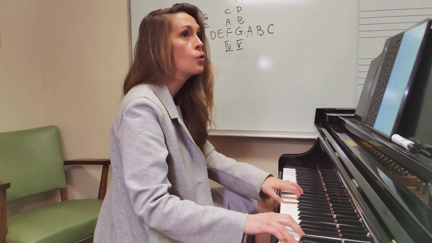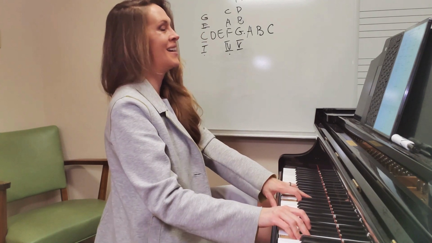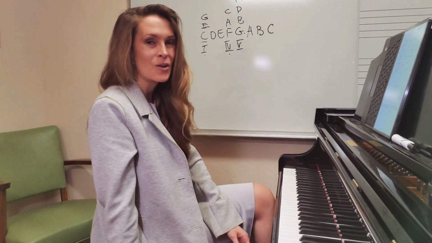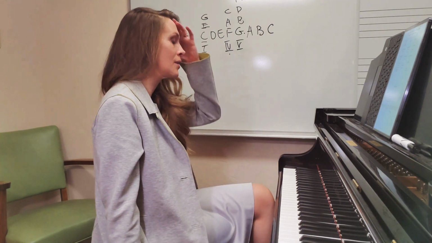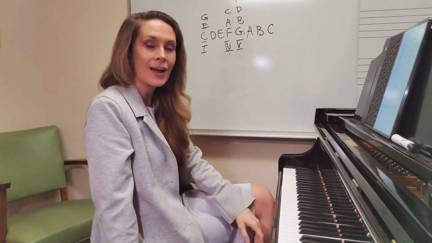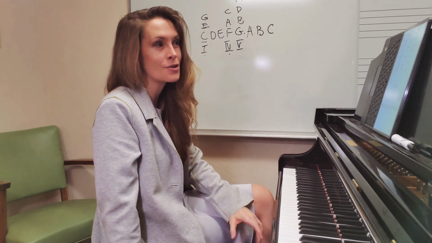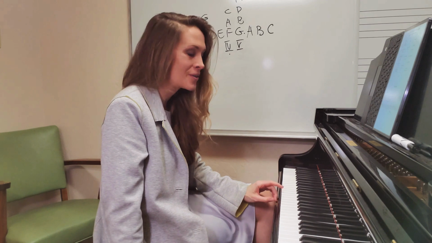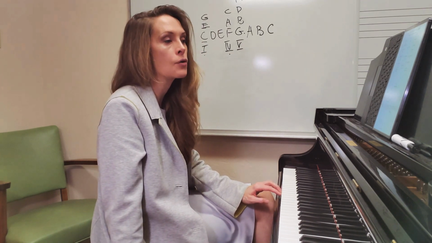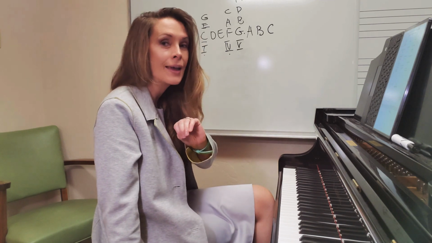If you do that at the end of Happy Birthday to You, it's going to feel unfinished. That's why we call that deceptive cadence. It's one more cadence that you need to know, but not right now. This one usually comes later in theory. So for right now, you only need to know half, authentic and plagal cadence.